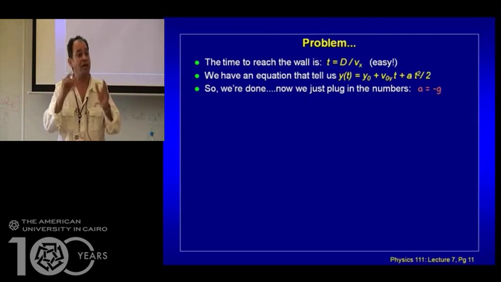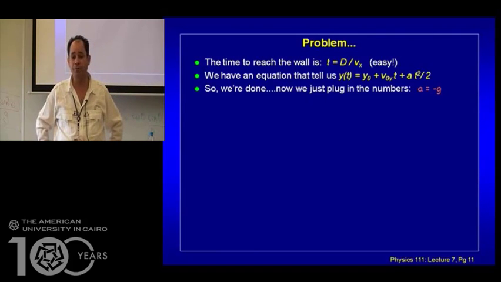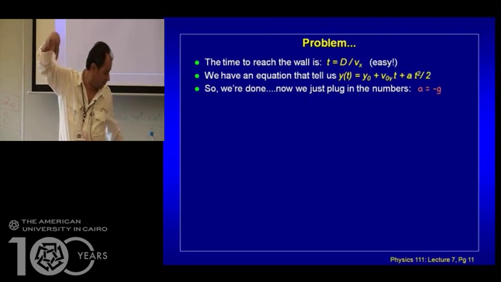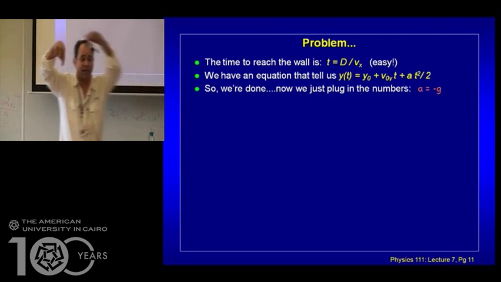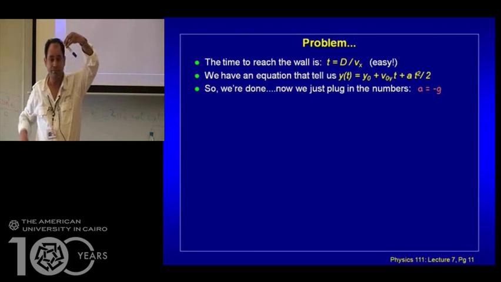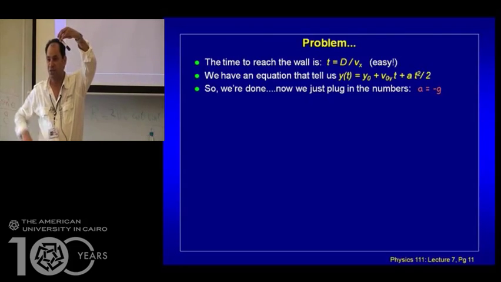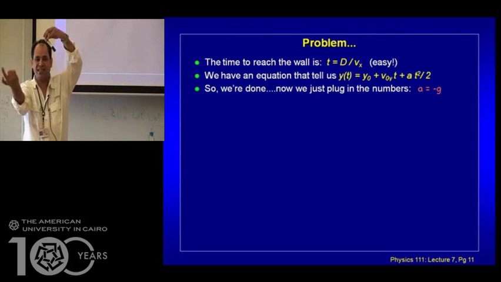Sometimes in the exam, I give you problems saying that now we're on a different planet, where the acceleration is not along that direction, it's along that direction. It's a fancy planet. Which means that the acceleration along the x-axis is not zero.